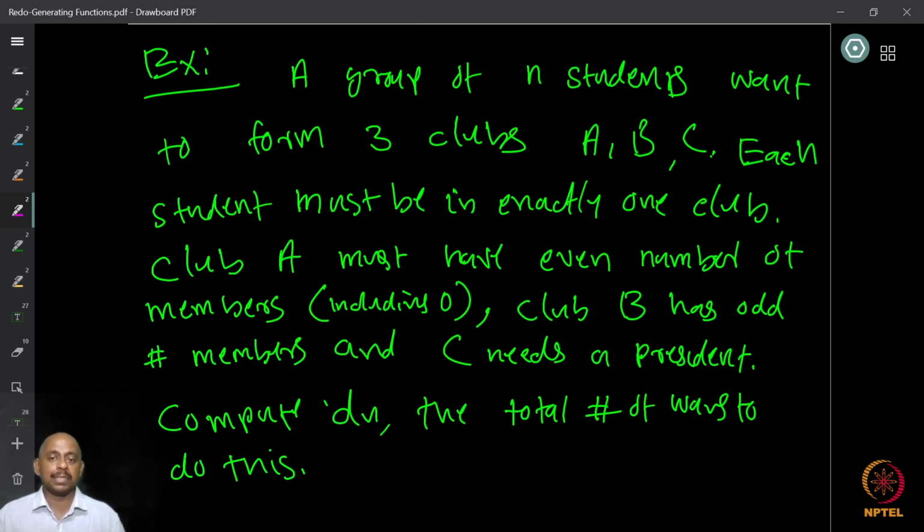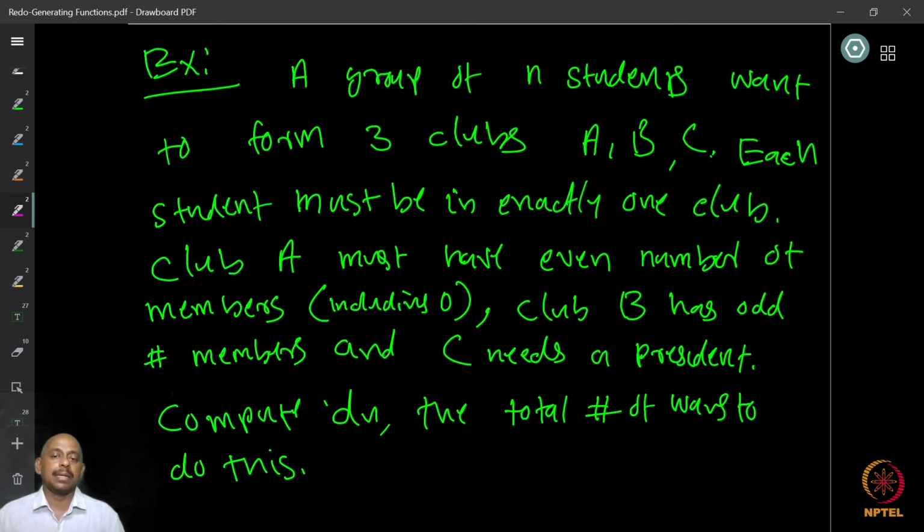On the other hand, club C says that I don't care whether I have odd or even numbers, but there should be a president for the club. We want clubs with presidents, so club C requires by mandate that there should be a president. Club B says it should always have an odd number of members, and club A says it must have an even number of members, even if nobody is there.